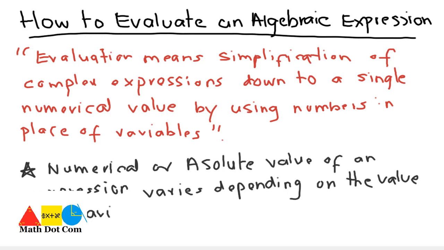So keep this in mind, it all depends on the value of the variable that is given, that is how the expression will be evaluated. It means that a single expression can give you different values if the value of the variable changes.